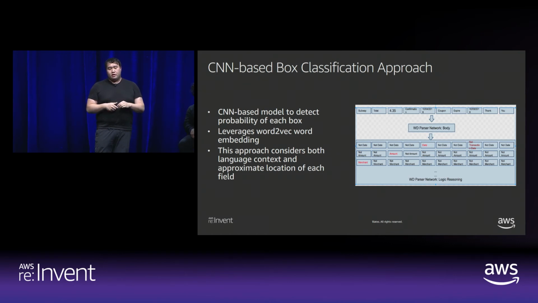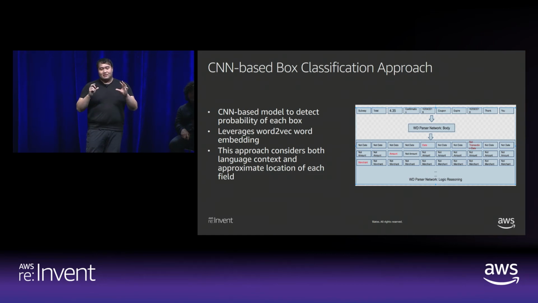So in the case where it does not find a label that currently exists in our training set, it's going to make a guess based on where, in the past, roughly the field we're interested in is located for that particular type of receipt and that particular context.